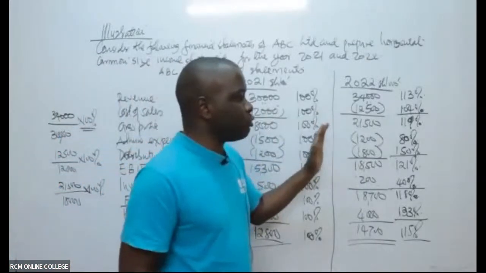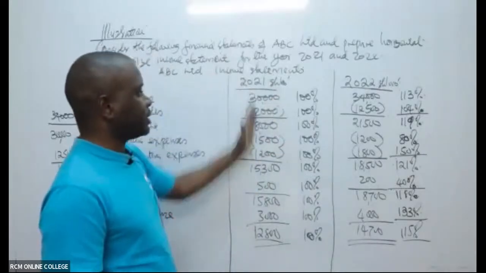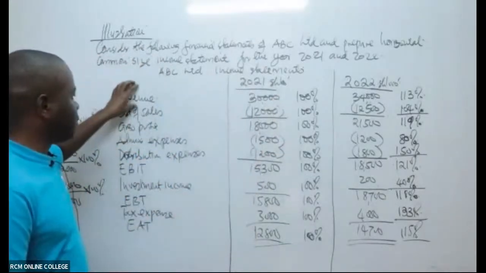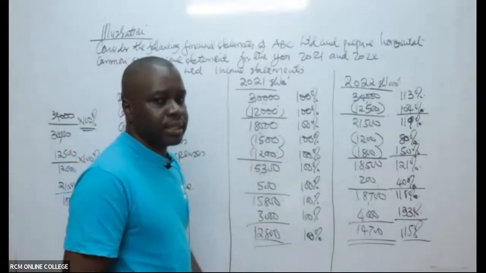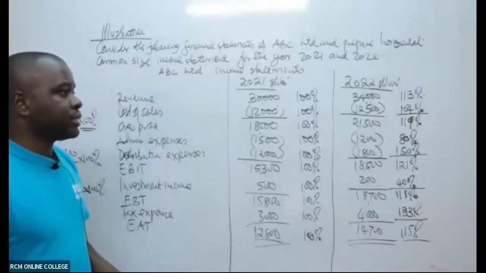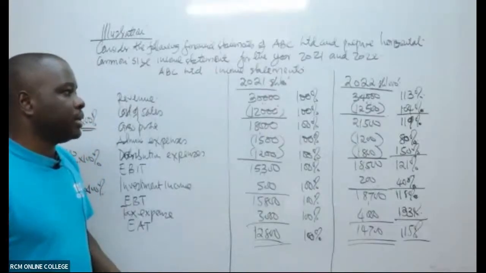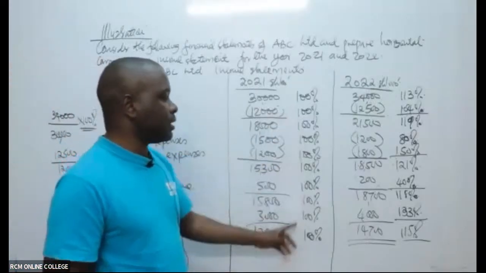You know how horizontal goes. Horizontal is like this, but vertical is like this, whereby you use this item as the base, and you convert all the other items into percentages. It can give you some kind of trend that you can use to analyze. Remember, it is far easier to analyze using percentages rather than figures.